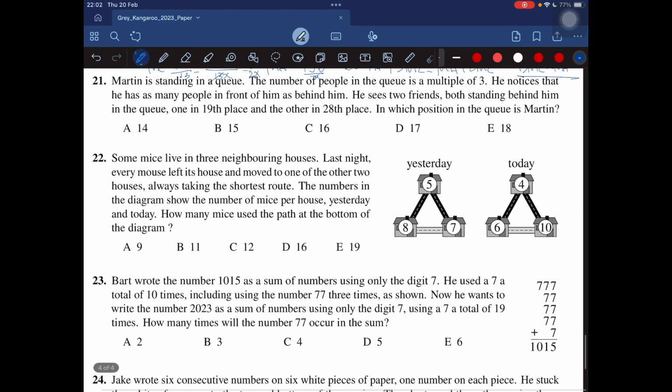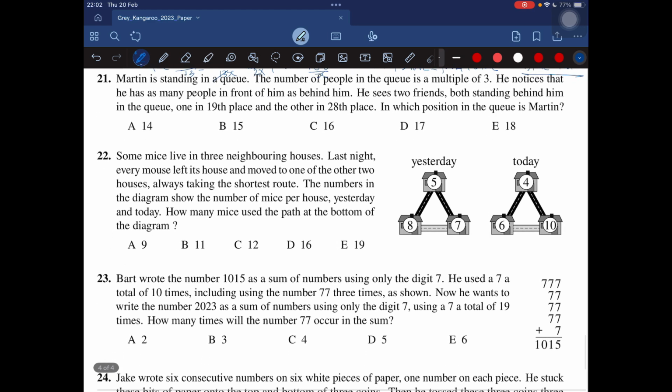Number 21. Martin, the number of people in the queue is a multiple of 3. He had as many people in front of him as behind him. So he is the median. So we can tell it is a multiple of 3, but an odd number, because he can be in the center.